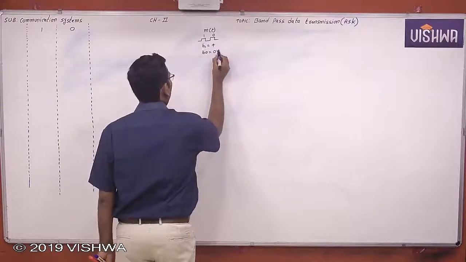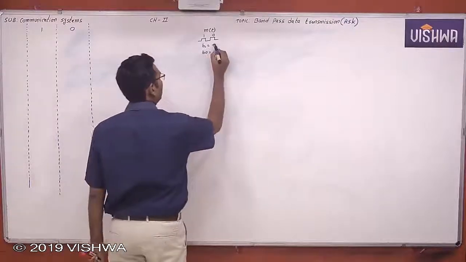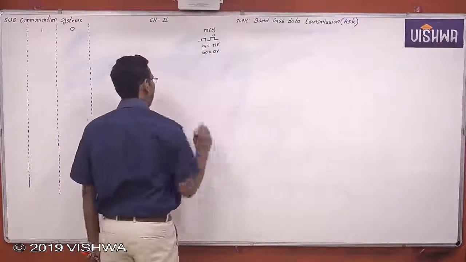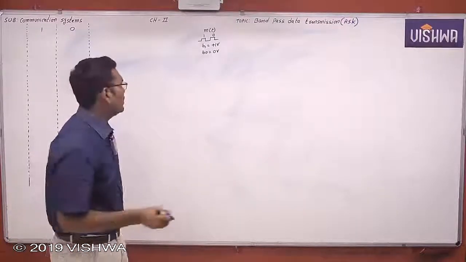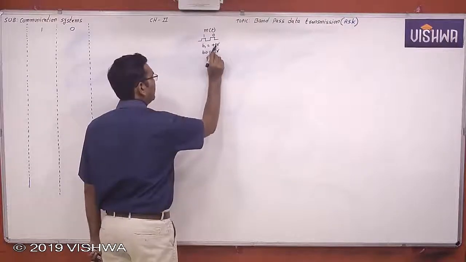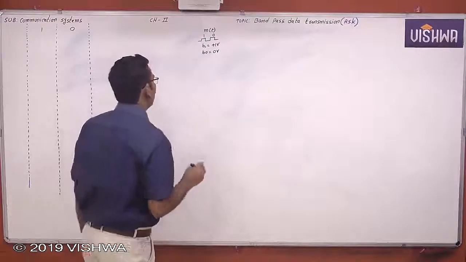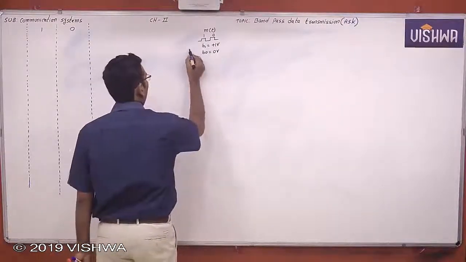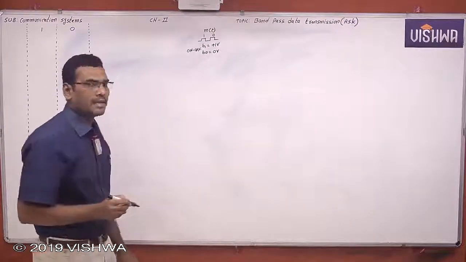For simple calculations, I can treat this positive voltage as 1 volt. It may be 5 volts or 10 volts, depending upon the application, but for easy calculation I take the positive voltage as 1 volt and binary 0 as 0 volts. This form is called on-off signaling.